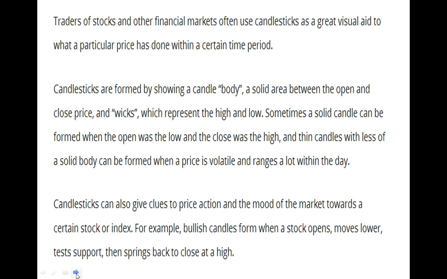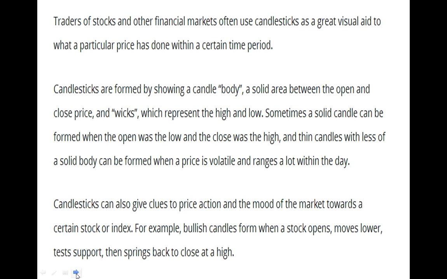And then finally we can have a thin candle where we have a very small, negligible body, where the price is volatile and ranges a lot within the day. In such a case, we have a very small body and more wicks. The wicks are also known as the shadows.